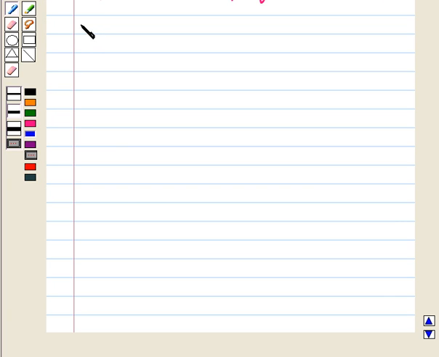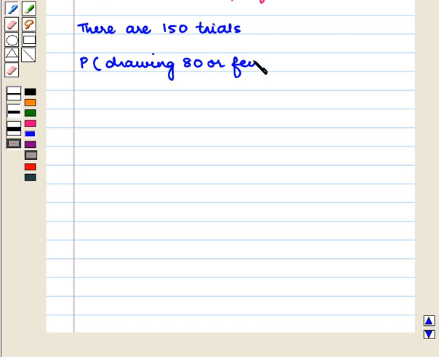Now suppose there are 150 trials and we have to find the probability of drawing 80 or fewer hearts. Now here n is equal to 150, which is very large.